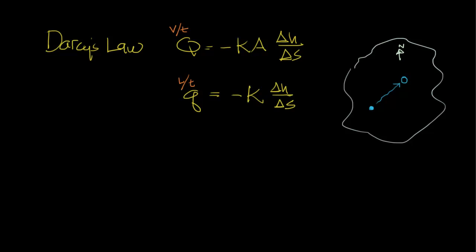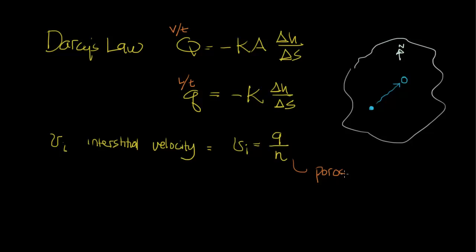And for that version of Darcy's law, we use a slightly different idea, and that is we introduce something called the interstitial velocity. I'll write this down: interstitial velocity, and it is the velocity of a water molecule. We can show that the interstitial velocity is equal to the specific discharge, little q, divided by n, where, remember, n here is the porosity.